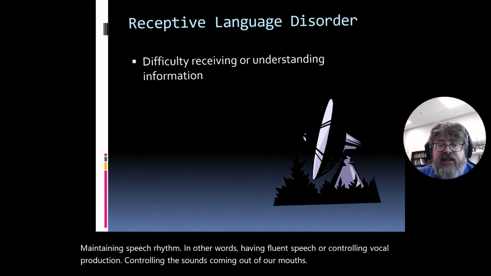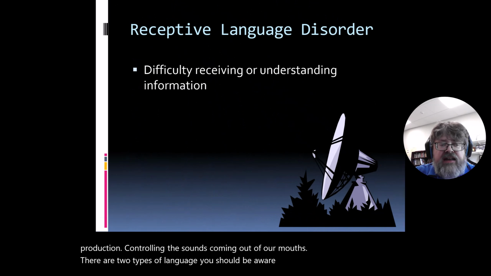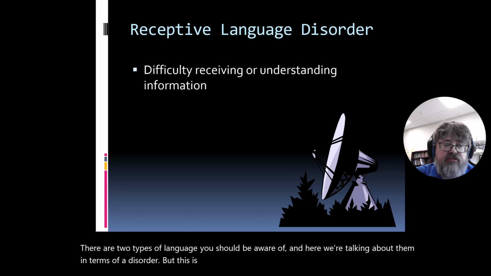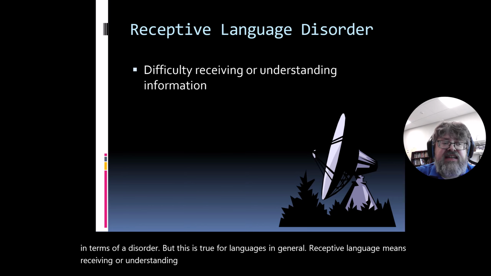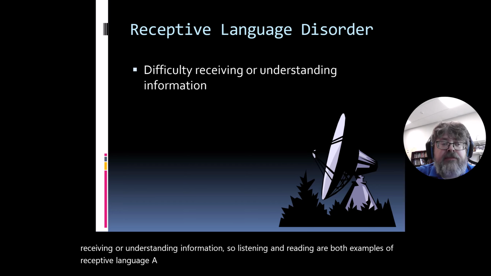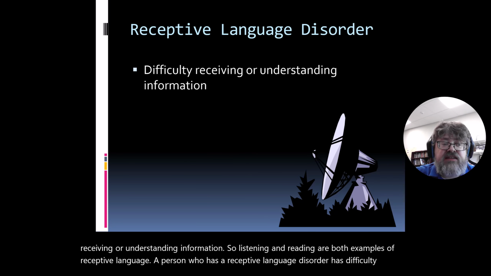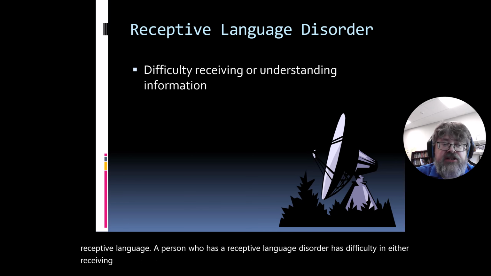There are two types of language you should be aware of, and here we're talking about them in terms of a disorder, but this is true for language just in general. Receptive language means receiving or understanding information. So listening and reading are both examples of receptive language. A person who has a receptive language disorder has difficulty in either receiving or understanding information.